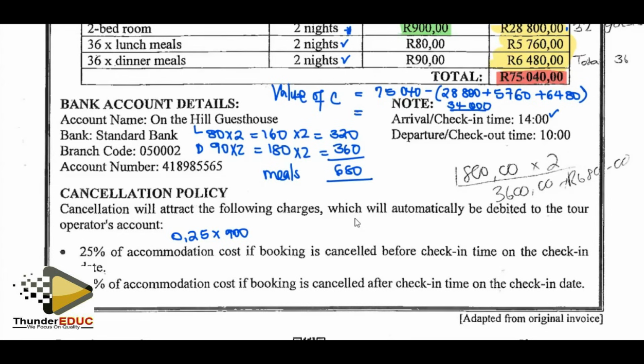So here they need 25% of that money, which is 200. So this is for the 2 nights. Which is 450.